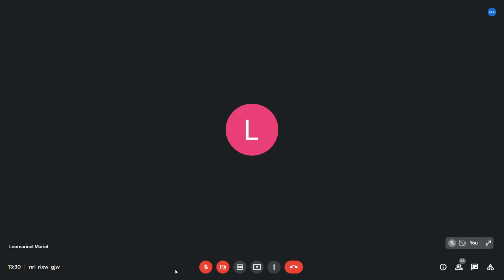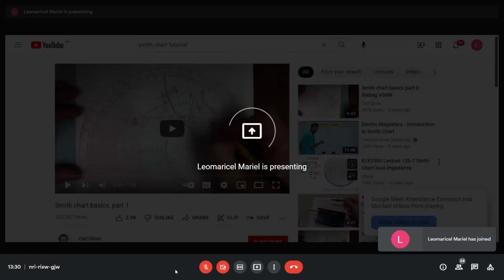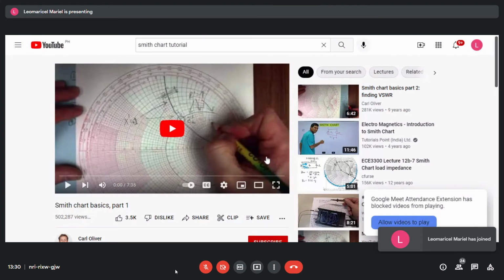Share. Ano siya? Windows siguro. Hindi pwede. Ayan. Nakikita na? Ha? Opo, sir. Nakikita na.